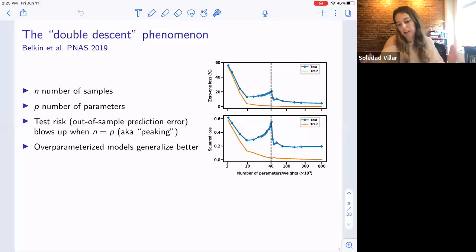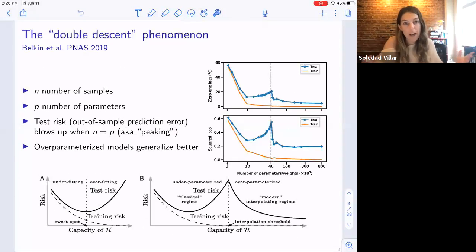They did a lot of experiments with several classes of models, neural networks, linear regression, but also random forest and other classes of models that people use for regression. They observed that in the overparameterized regime, meaning that when you have more parameters than data, sometimes the value of your test error is smaller than the best case in the underparameterized regime. So they claim, okay, overparameterized models generalize better.